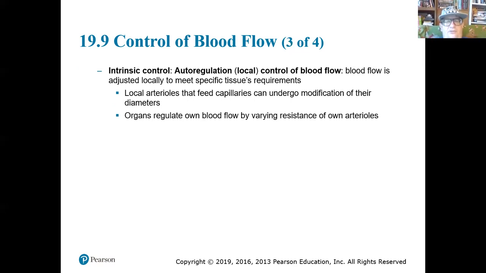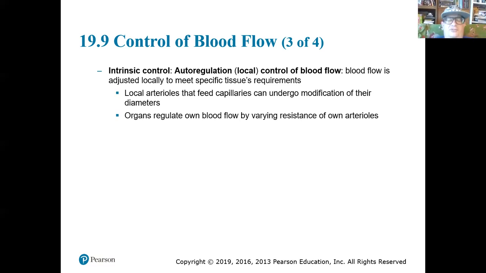So the intrinsic controls, blood flow is adjusted locally for a specific tissue. I think I told you before that local capillaries will be closed a lot of the time, and then the tissue is like, oh, we need oxygen, and the capillaries will open for a nice spurt of oxygenated blood. And yeah, organs can control their blood flow by controlling the resistance of their own arterioles.